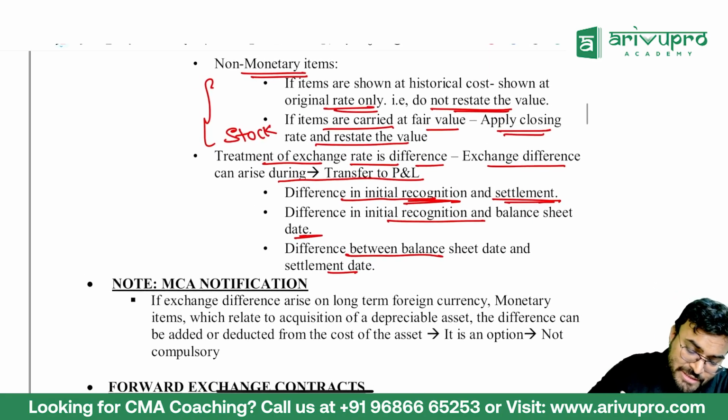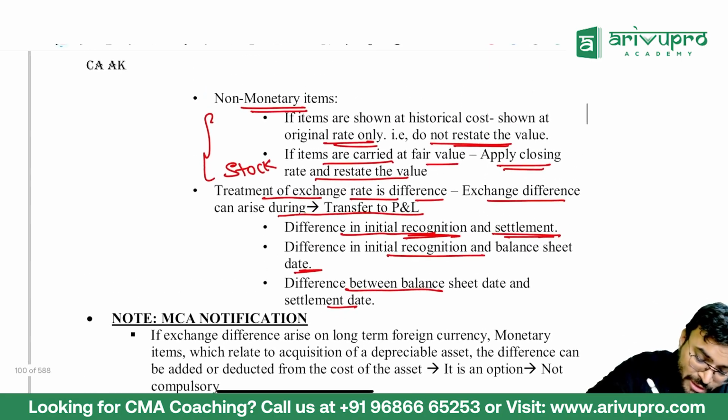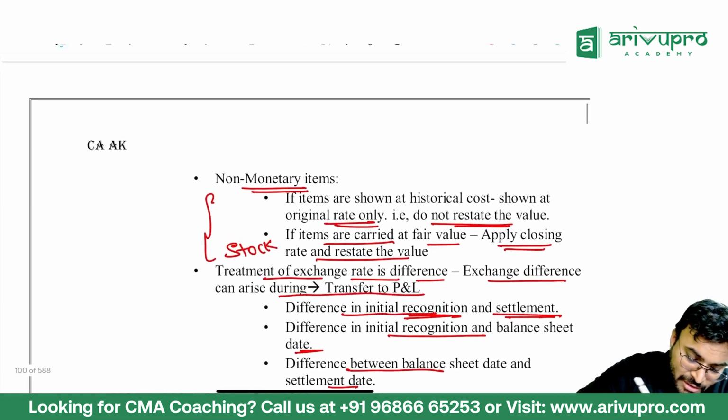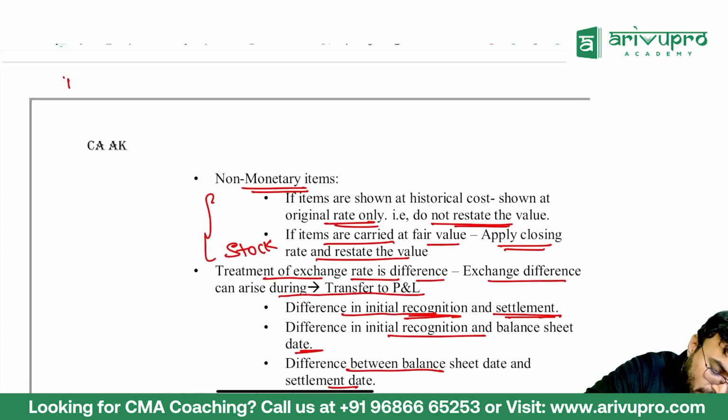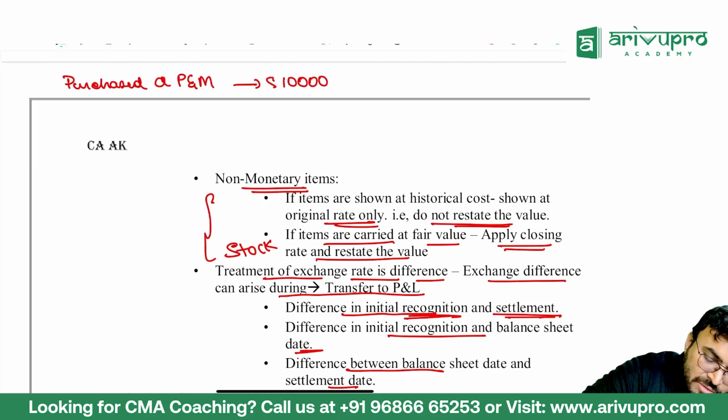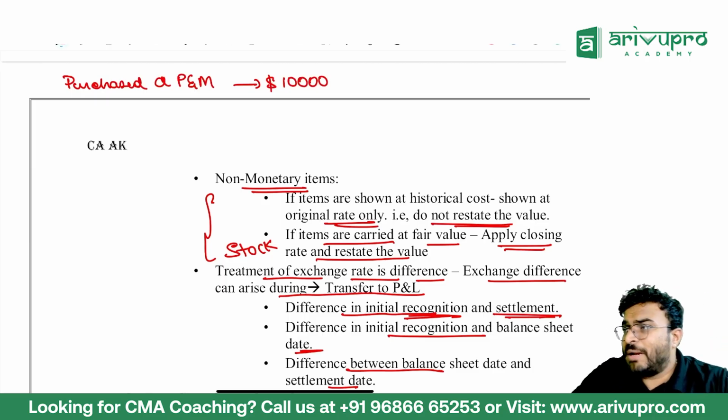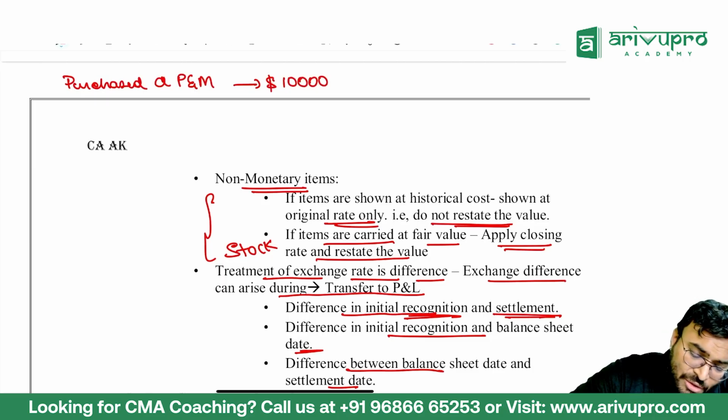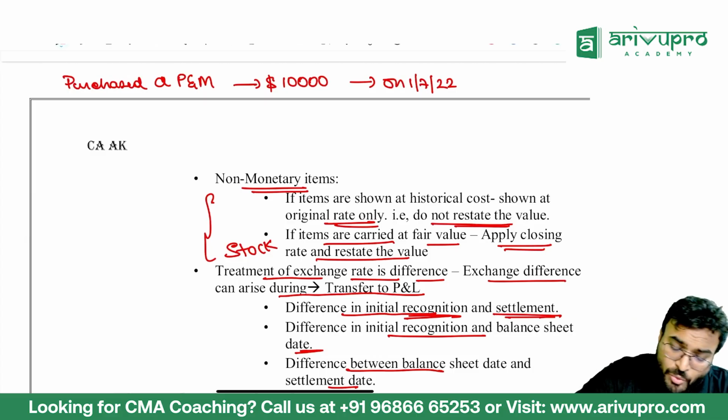Clear? Let's assume over here. I'm starting from here. Understand? Purchased plant and machinery for $10,000 on 1st July 2022. What entry will I pass?